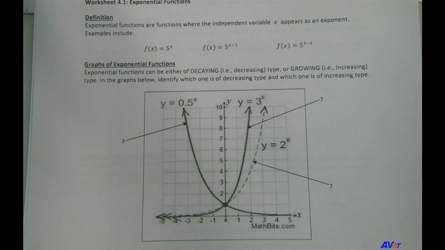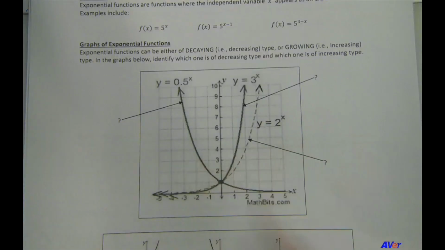So exponential growth means very rapid growth. Exponential decay means a very rapid decline. So a rapid economic growth would be exponential economic growth. A rapid economic decline would be an exponential economic decline. Okay, just keep that in mind.